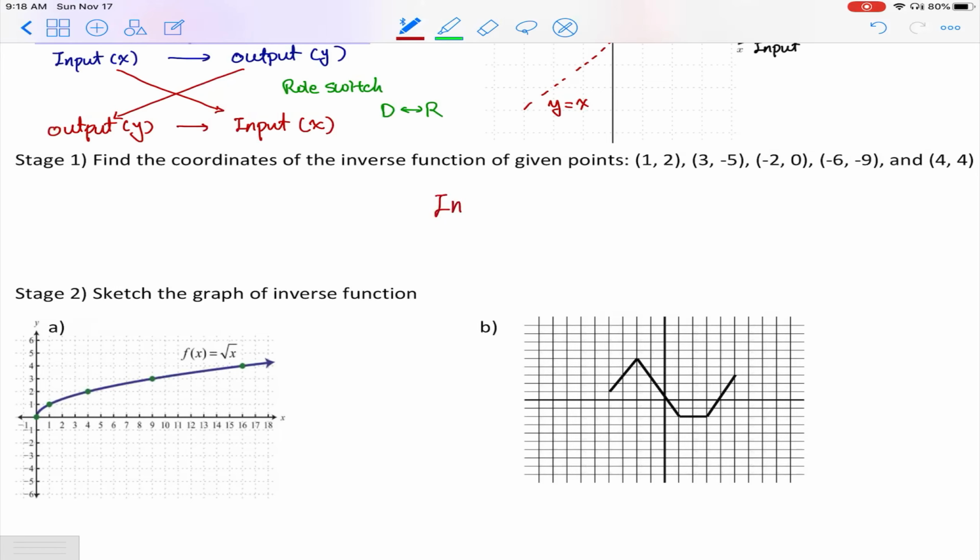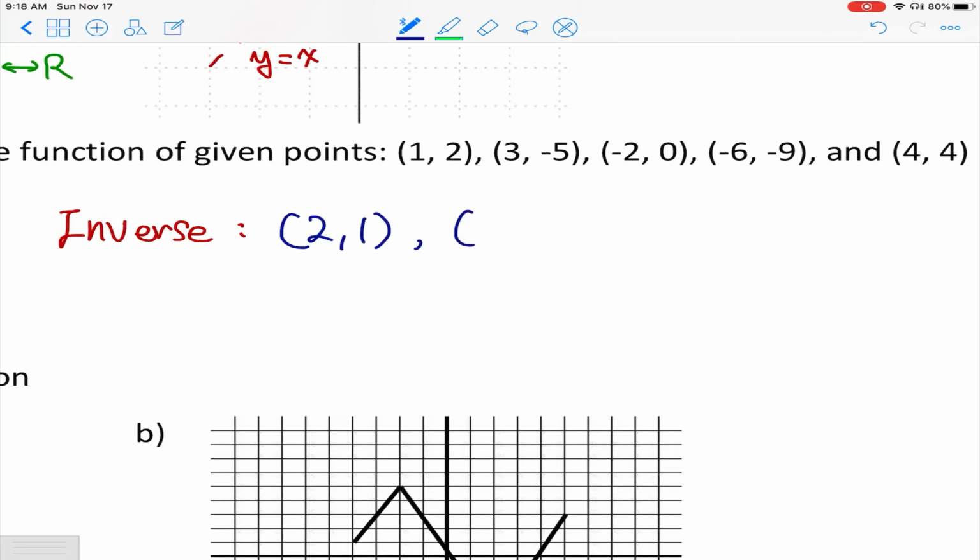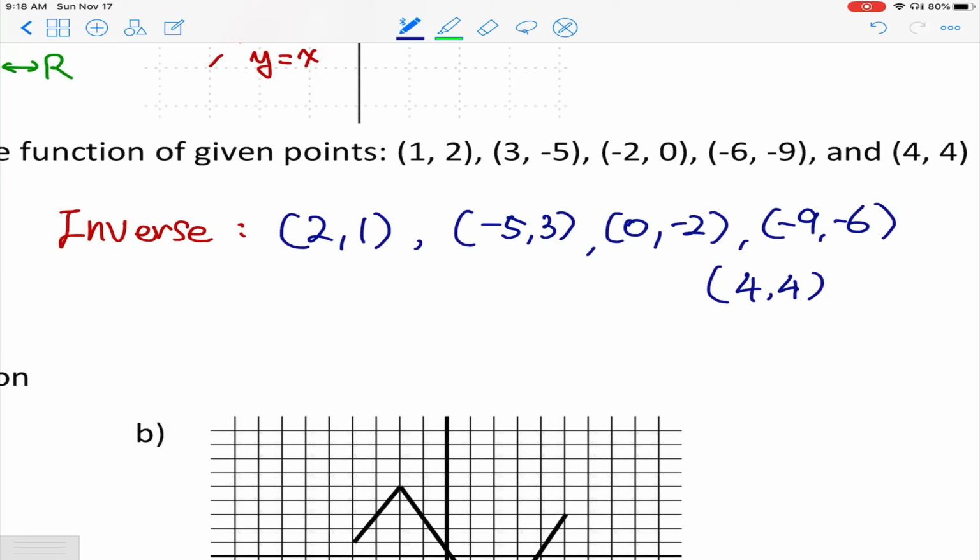So the inverse, very simple for the points, will be (2, 1) as the first point switches, then (-5, 3), (0, -2), (-9, -6), and finally (4, 4). Why doesn't the last one change? Well, (4, 4) you switch, it's still (4, 4), right?